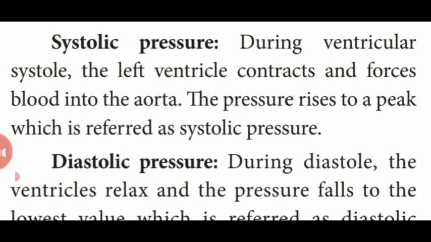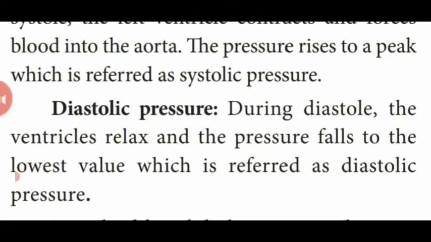Now the pressure rises to a peak which is referred to as systolic pressure. So during ventricular systole, the left ventricle contracts and forces blood into the biggest artery, the aorta. Now the pressure rises to a peak which is known as systolic pressure. Another one, diastolic pressure.